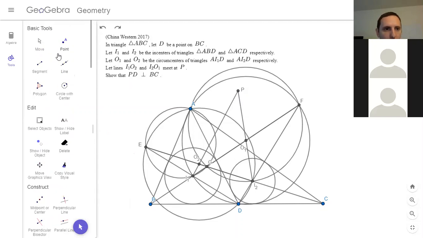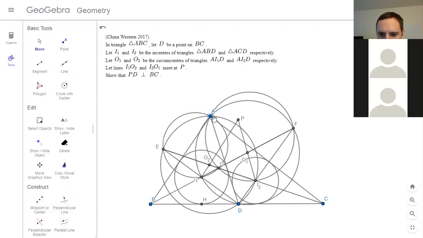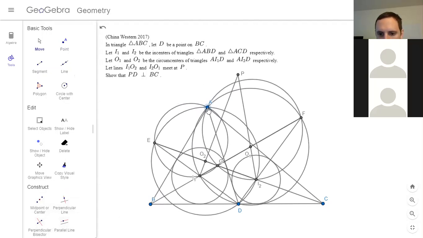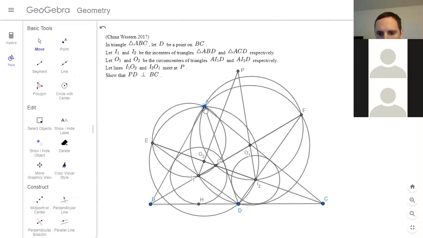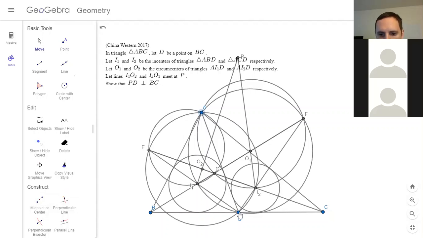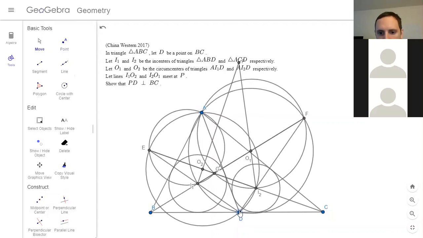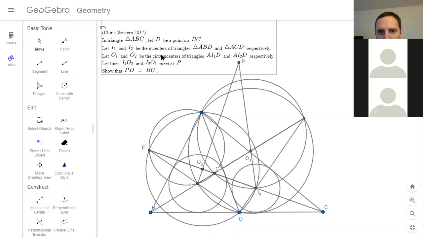So I wonder if we want to draw these points right here. It's hard to see that other tangency point, but let's see, can I move things around a little bit? Point P is going away.